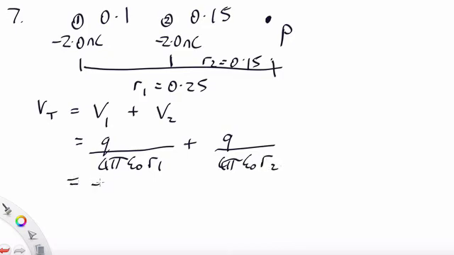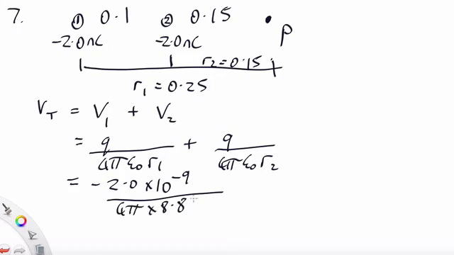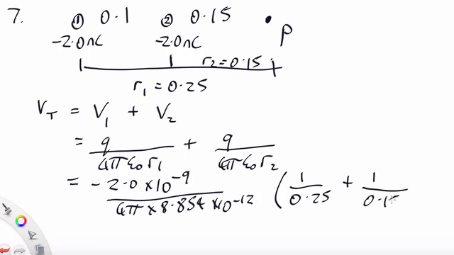So we have -2 by 10 to the -9 over 4 pi times 8.854 by 10 to the -12, times 1 over 0.25 plus 1 over 0.15.